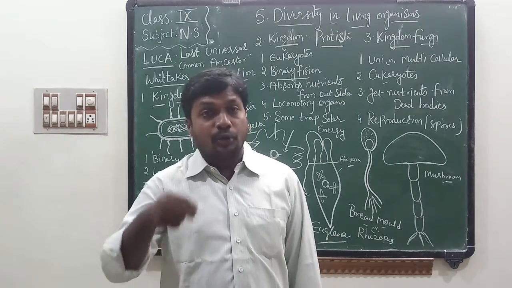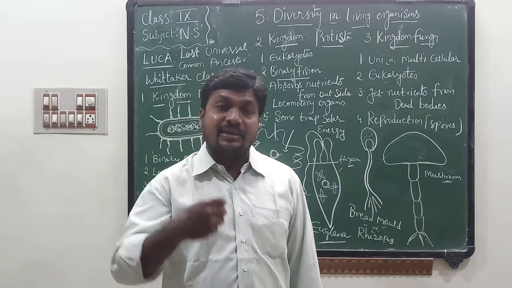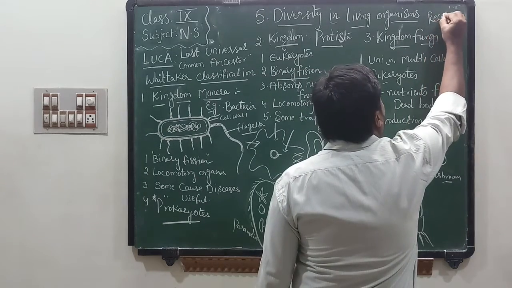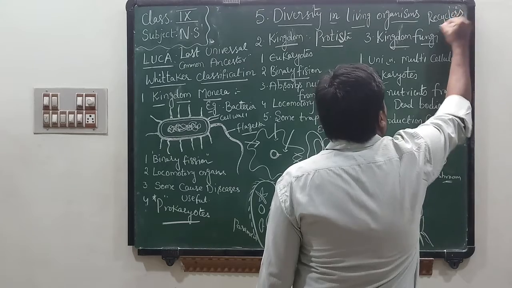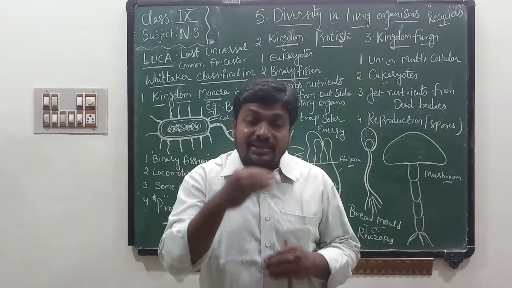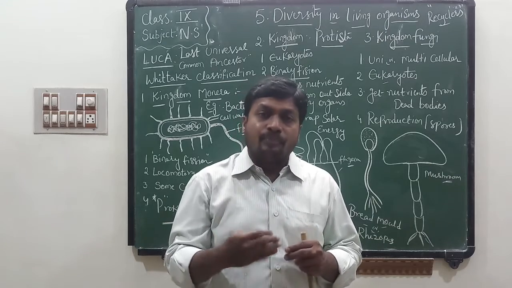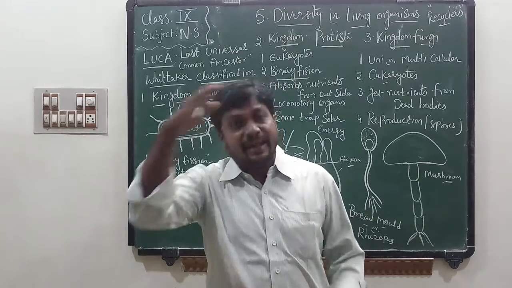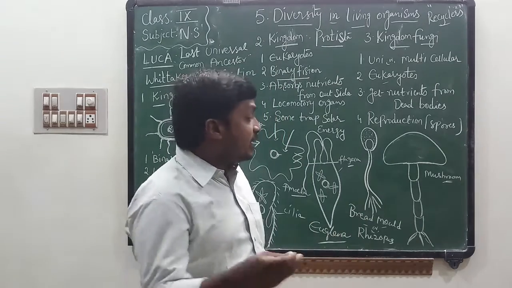and supply some valuable nutrients to soil, soil to plants, again plants to soil. So fungi are also called recyclers. What do you mean by recyclers? They recycle the nutrients from dead bodies to soil, soil to plants, and plants again to soil.